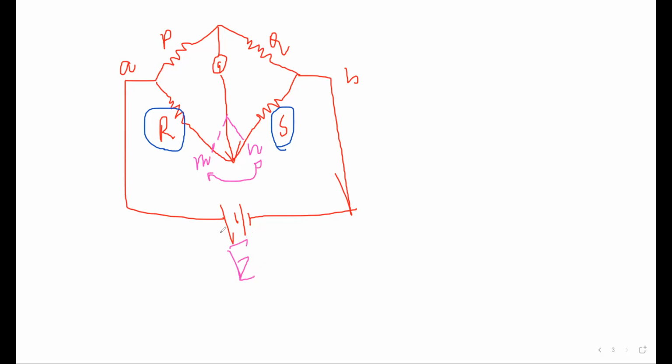If the pointer shows M, the value of resistance will be less, and if the pointer shows N, then the resistance value will be high.